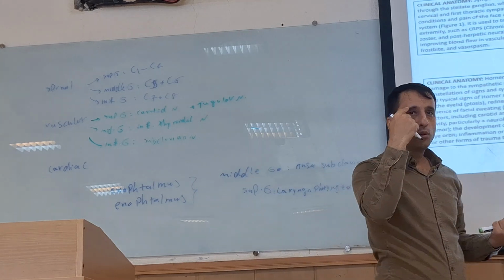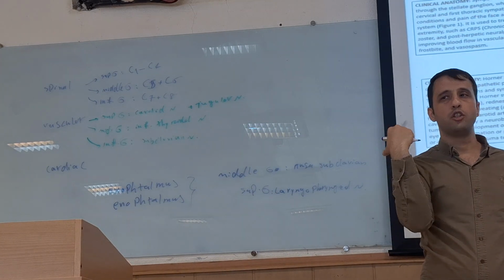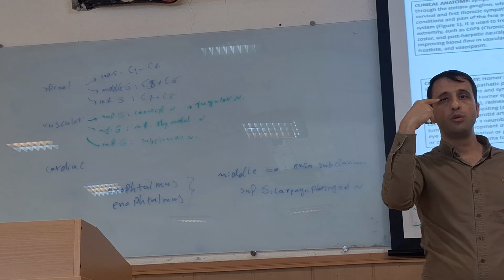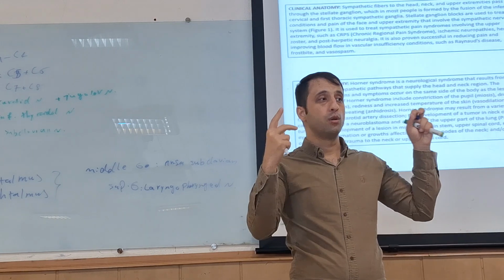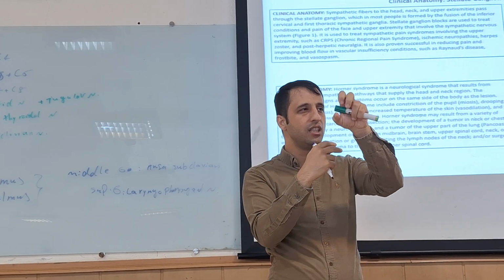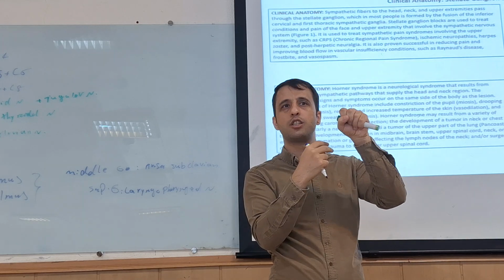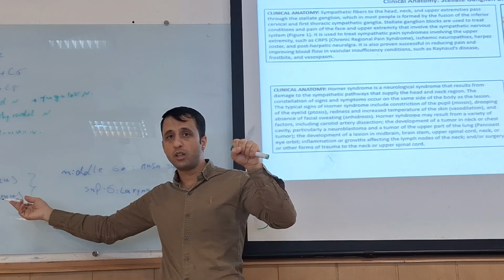You know that around your eyeball we have fatty tissue. This fatty tissue is innervated by sympathetic fiber. So if I cut this sympathetic fiber, this fatty tissue will shrink, will be small. So what do we have, exophthalmos or enophthalmos?